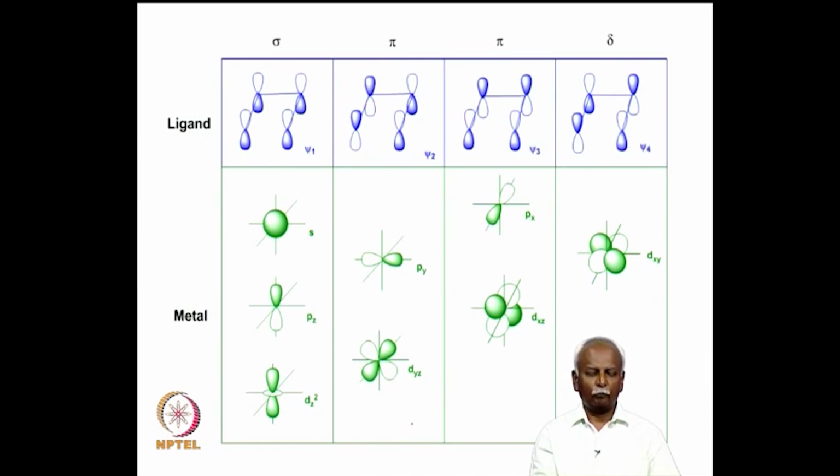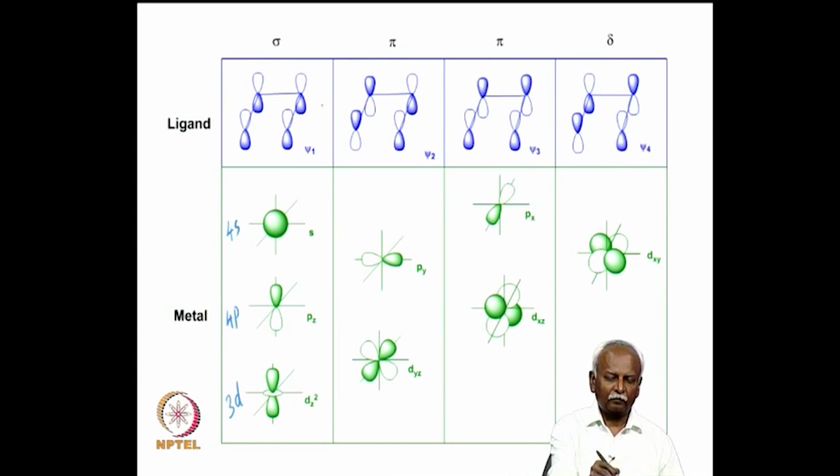The 4s, 4pz and the 3dz squared all have the right combination to overlap with the totally symmetric combination of p orbitals, which form the lowest pi bonding orbital. So, that is the psi 1 and that will be filled with 2 electrons. For butadiene you have a total of 4 pi electrons, and so you have 2 electrons here also.